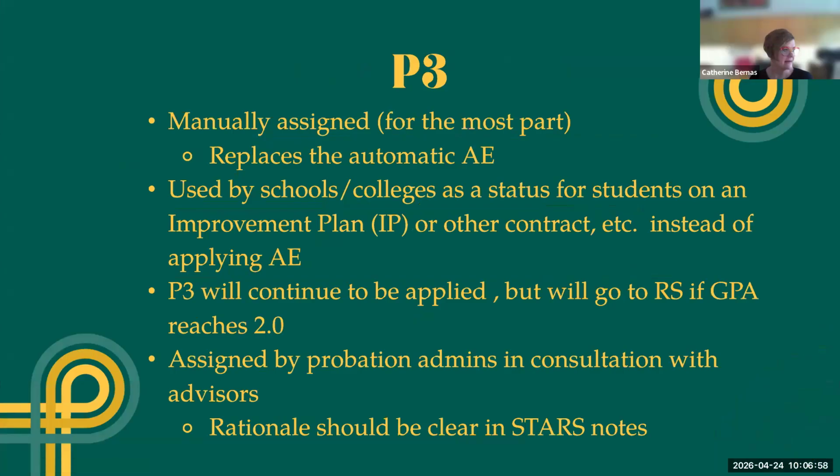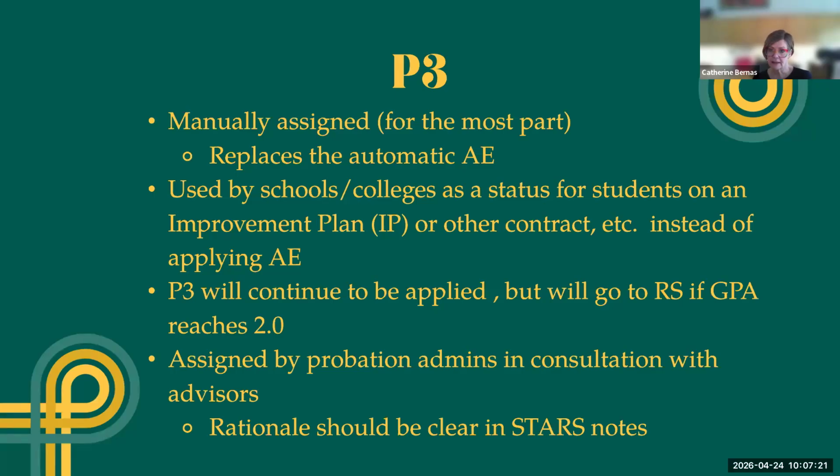Okay, another status I just wanted to talk about that you might see is P3. It used to be that statuses would run P1, P2, P3, P4. But we did decide to stick with a three status progression, P1, P2, AE, for all schools and colleges at the undergraduate level.